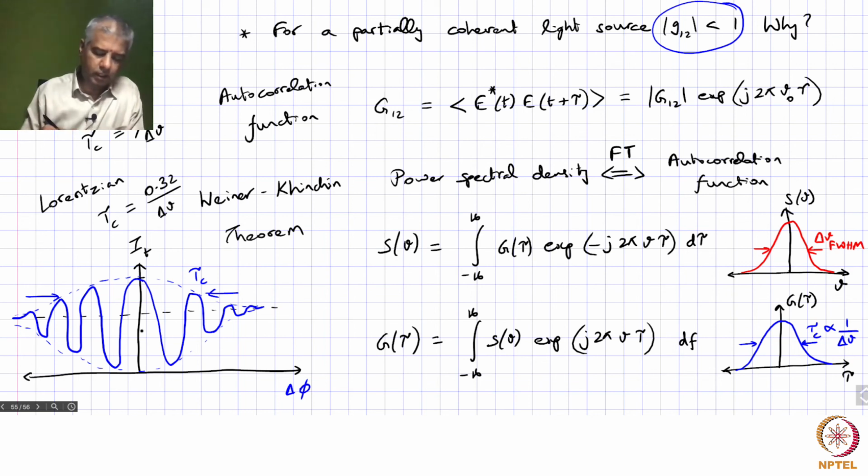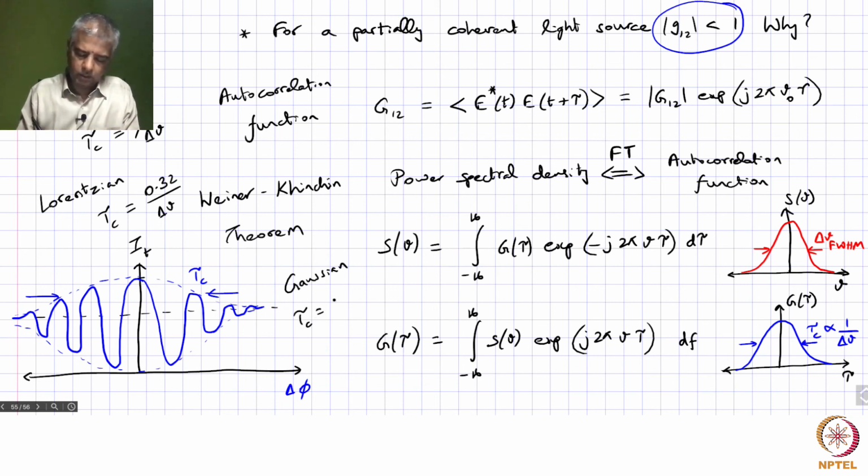And if it is a Gaussian shape spectrum, then tau c equals 0.66 over delta nu.